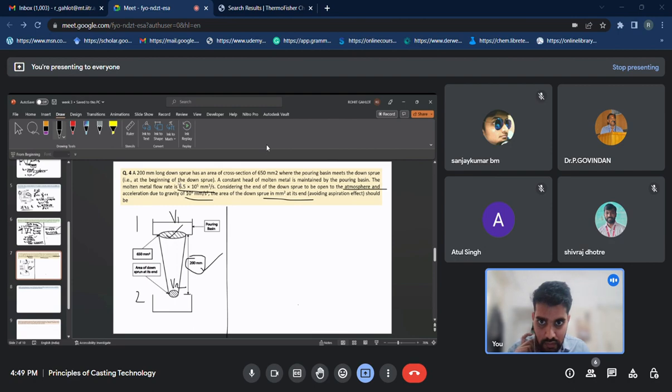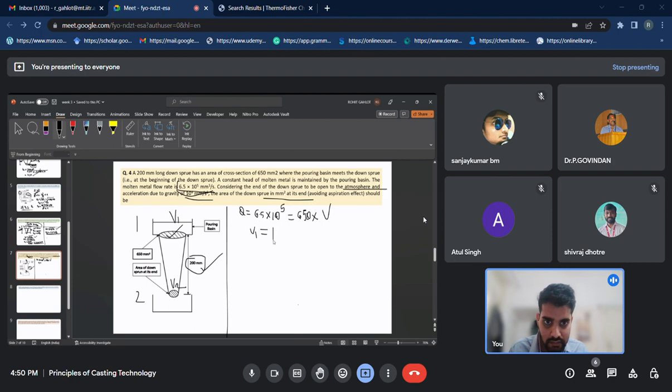So this height is given as a constant, 200 mm, and the melt flow rate is 6.5 into 10 to the power 5 mm cube per second. So I can write Q, which is given as 6.5 into 10 to the power 5, equal to area times velocity, and the area is given as 650 mm square.